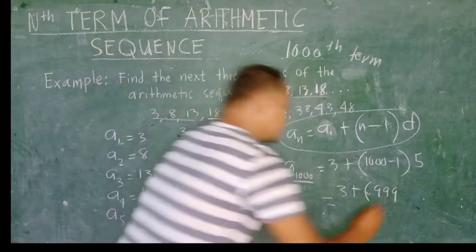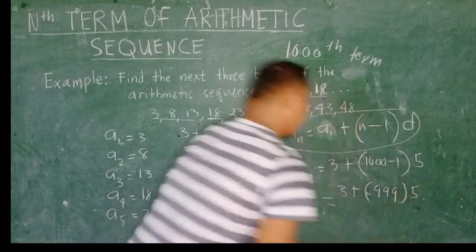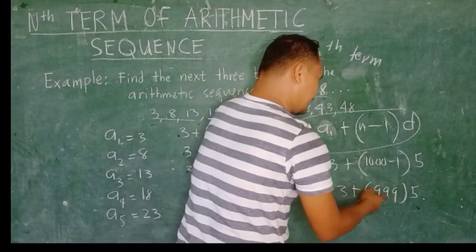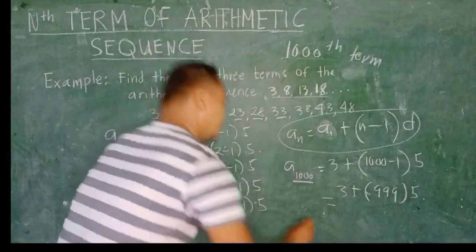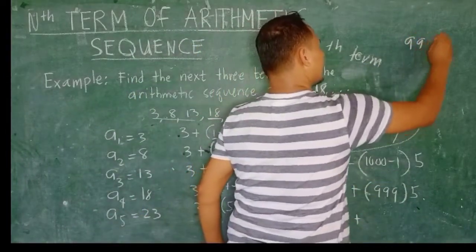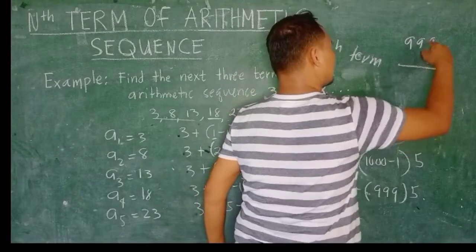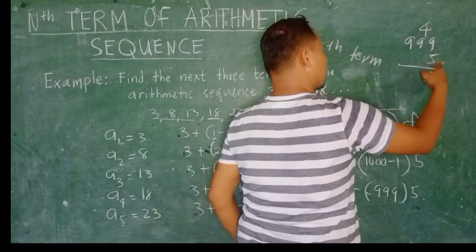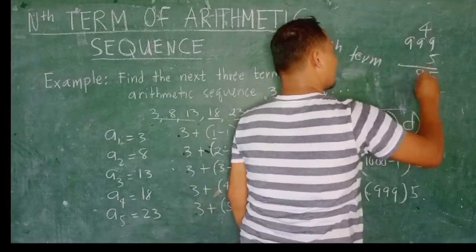999 times 5. So, multiply 999 times 5. The result is, okay, let us multiply 999 times 5. 9 times 5, that's 45. 9 times 5, 45 plus 4, 49.